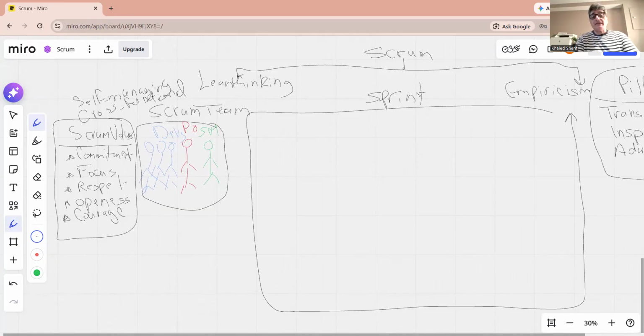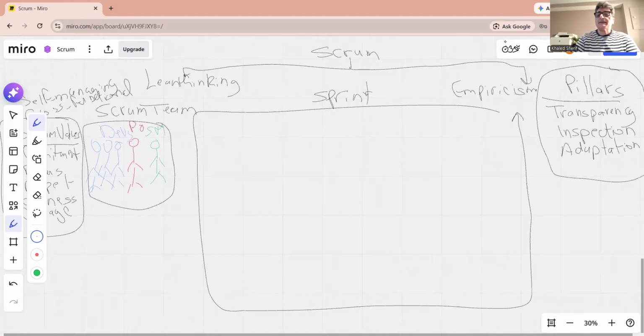What does the Scrum team do in a sprint to generate a useful increment every sprint? Sprint is the first event, and by definition it is the containing event of all the other events.